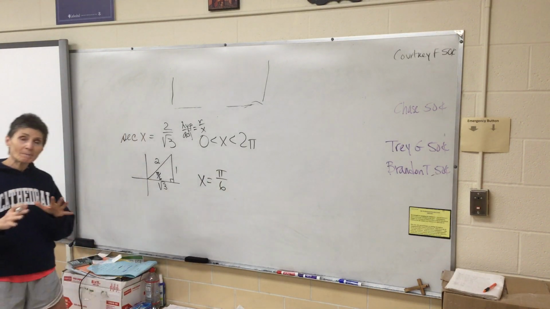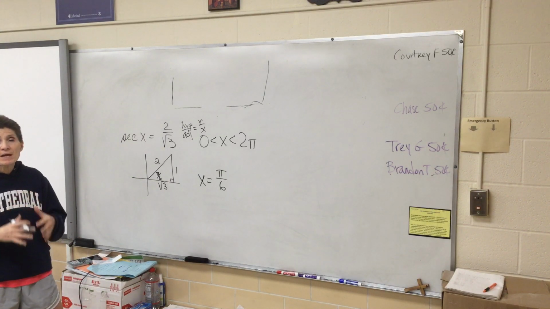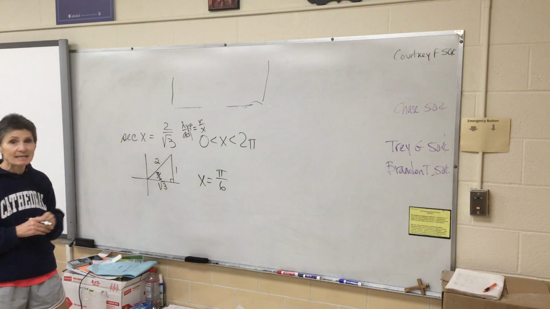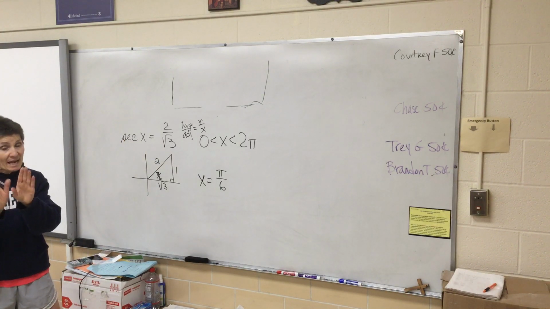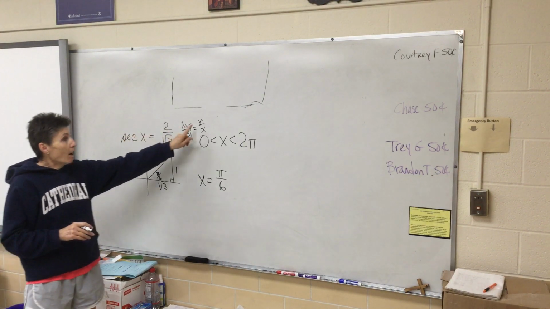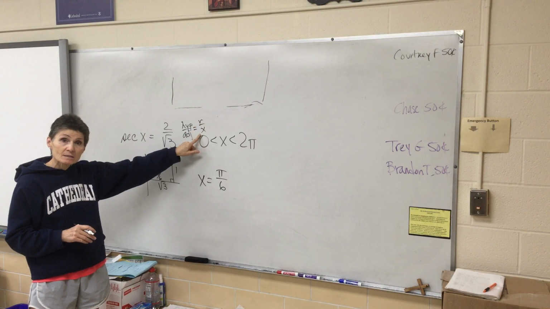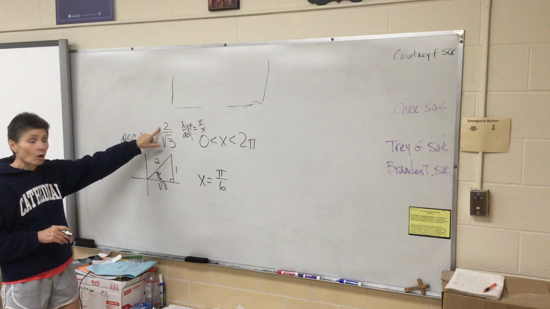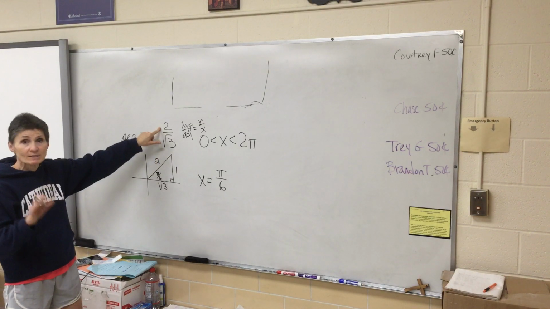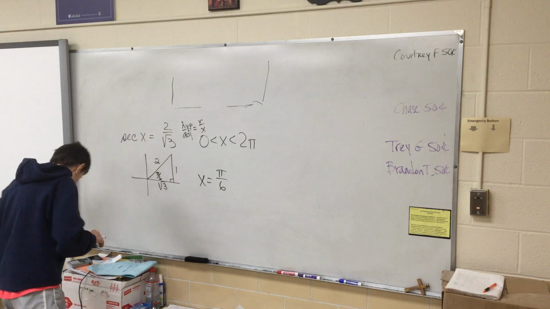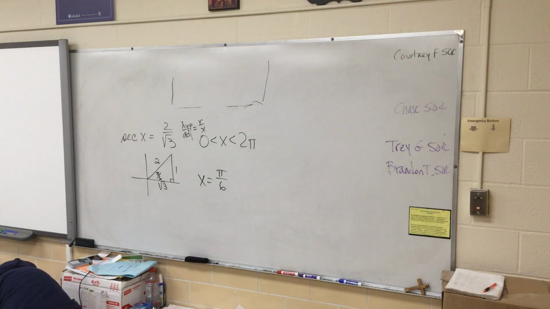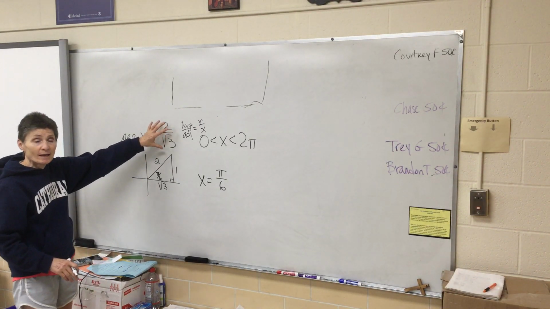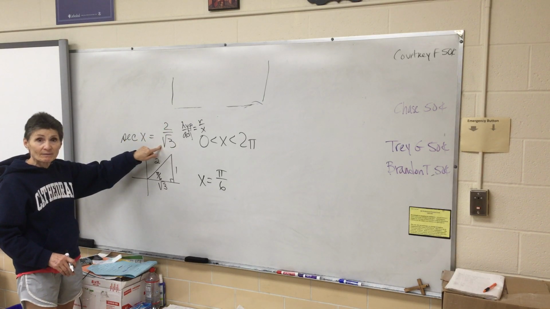Now the question becomes, are there other angles that have the same secant? Well, be careful. R over x, R is always positive. R is positive, always. If this is going to be a positive fraction, then x has to be positive.